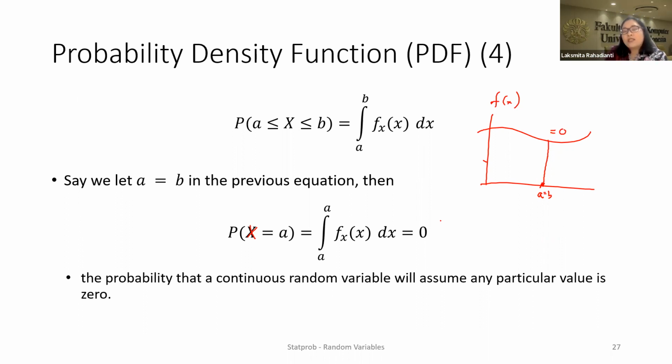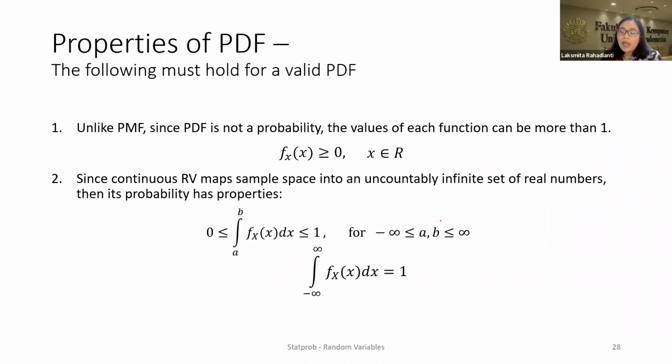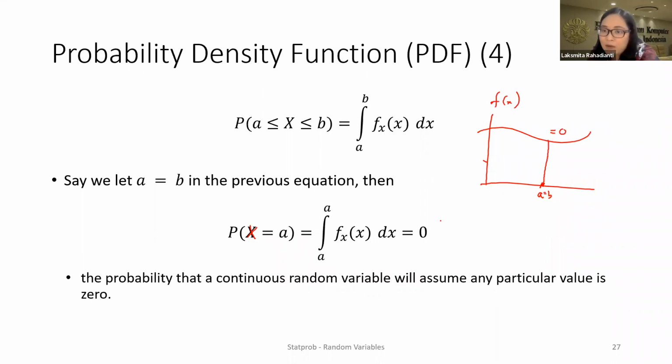So these are the consequences of using an integral to denote your probability, right? And since we're also using an integral and a function, we now have some properties that we need to fulfill. First, unlike the PMF, the PDF is not a probability. The probability is the area under the curve, right? So what denotes the probability is the area under the curve, or the integration.